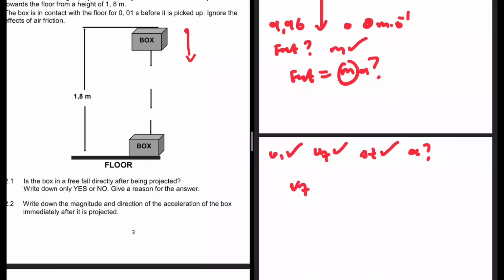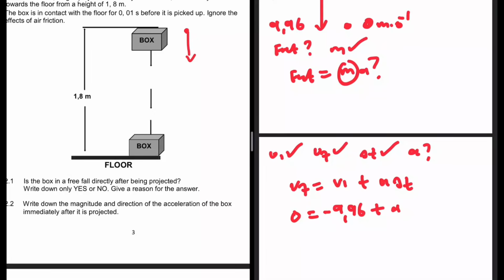So we're gonna have Vf being equals to Vi plus a delta t. Let's keep taking up as positive. So we're going to have minus 9.96 being equals to, well, that is not the final velocity. The final velocity is 0. So we have 0 being equals to minus 9.96 plus the acceleration, which is what we're looking for. I'm used to saying acceleration is minus 9.8.